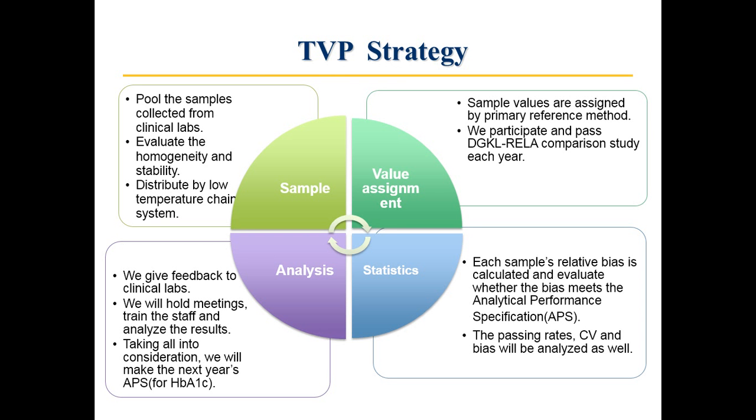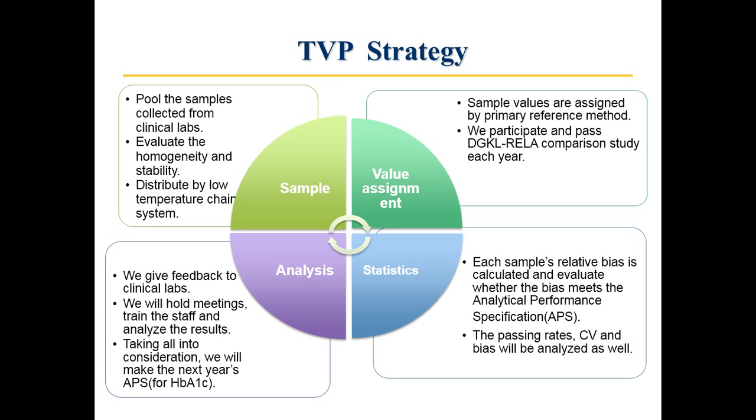Clinical labs submit results, and we analyze the data by our PT management platform. Each sample's relative bias is calculated and evaluated whether the bias meets the analytical performance specification, or called criteria. Then we give feedback to clinical labs and hold a meeting, train the staff, and analyze the result.